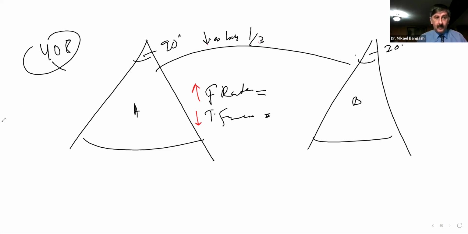So what we mainly need to look for here is which of the factors given below is going to either increase the frame rate, and by doing so increase the T frame, and by doing so decrease the frame rate. That is our answer.